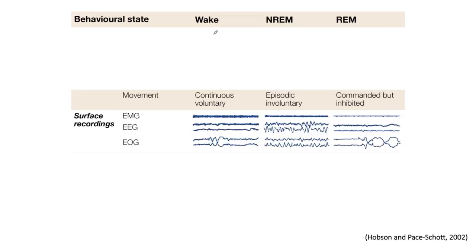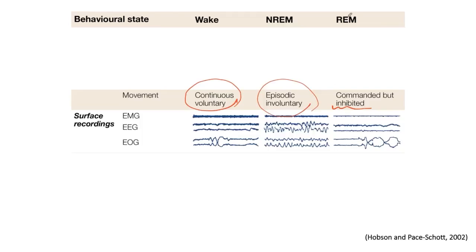As I told you, when we have the wakeful condition, we have continuous voluntary motor activities. In non-REM, we can have episodic involuntary movements, and in REM, we are supposed to just have inhibition in this system, so there would be a level of atonia or paralysis.